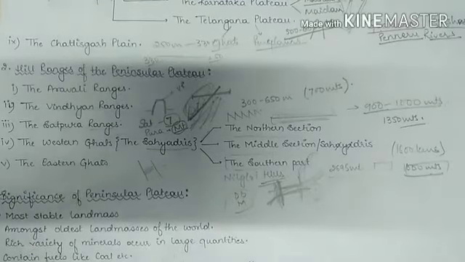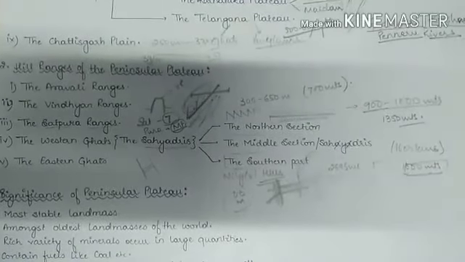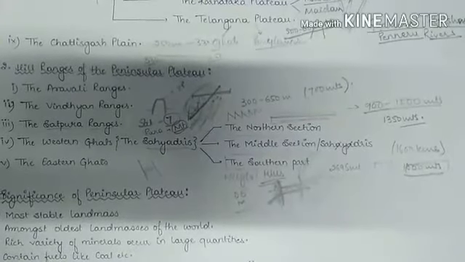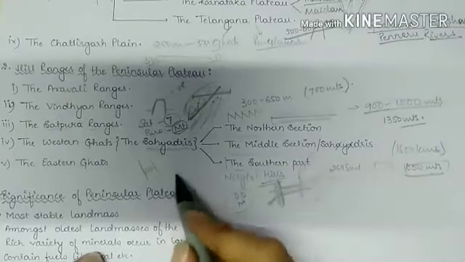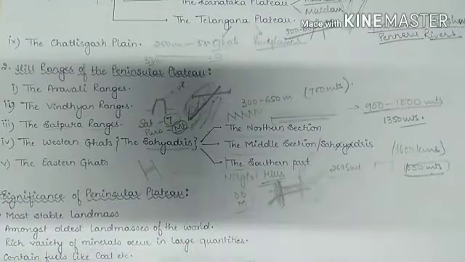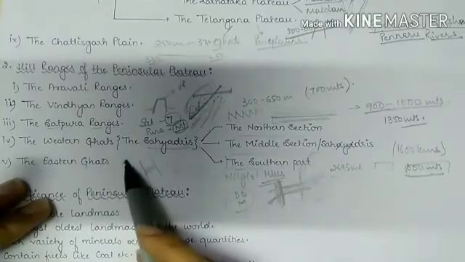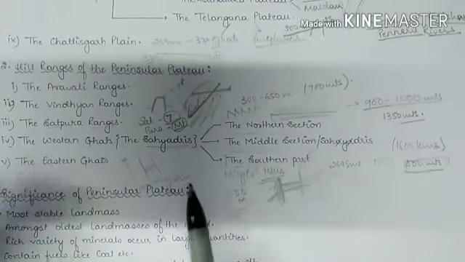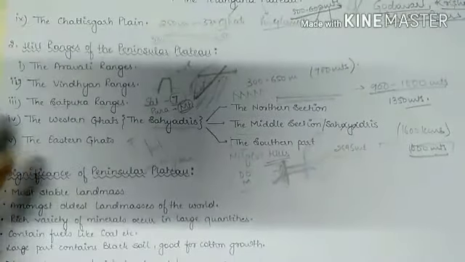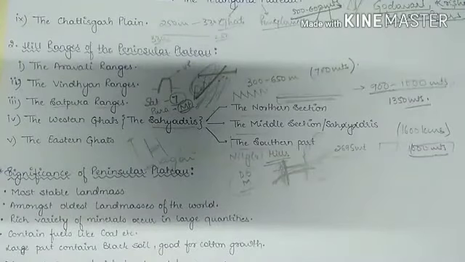Okay, so the Eastern Ghats are basically a chain of highly broken and detached hills, starting from Mahanadi in Odisha, and they run throughout and end up in Vagai in Tamil Nadu.